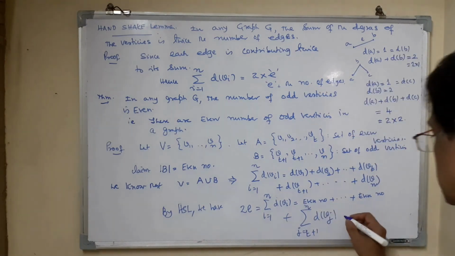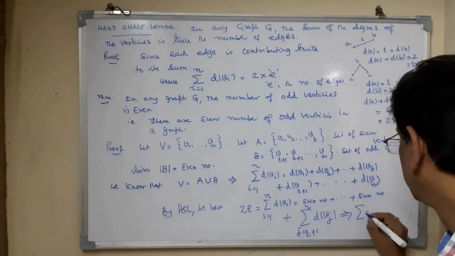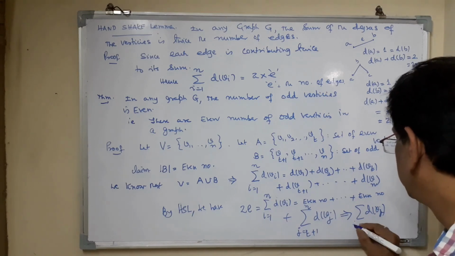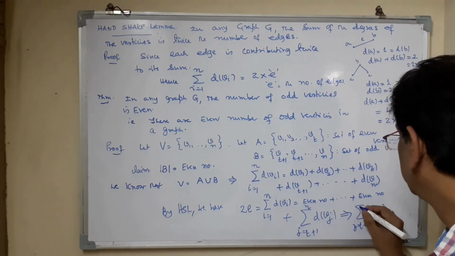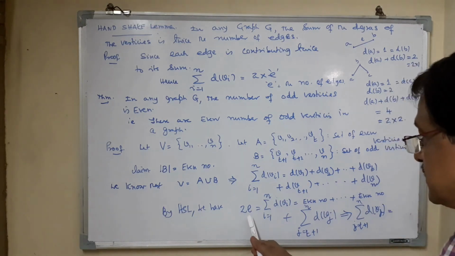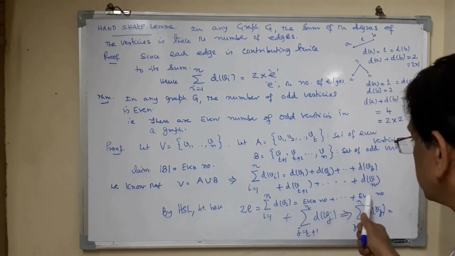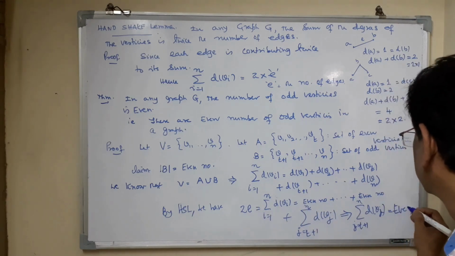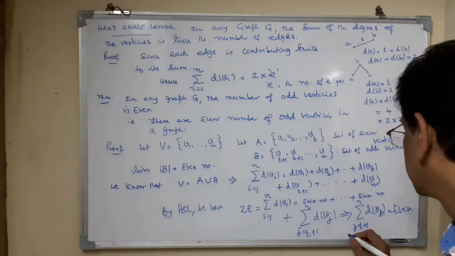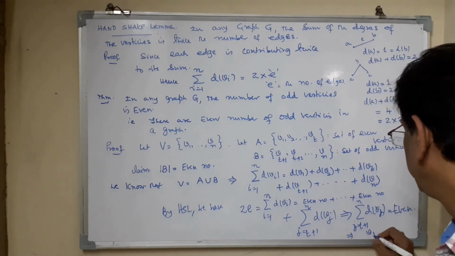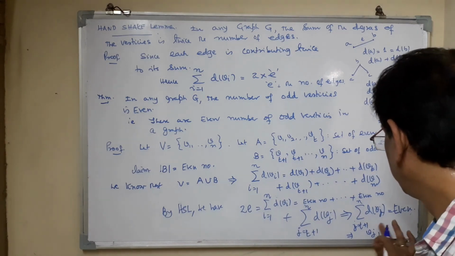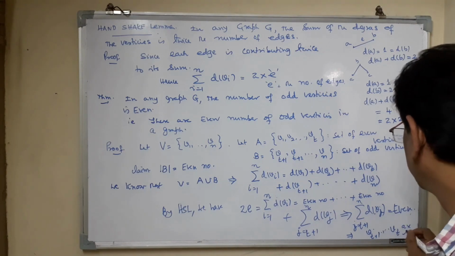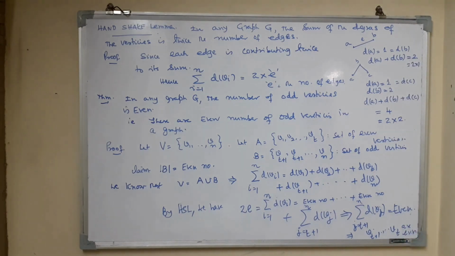Now, this is a simple consequence. The sum of d(vj), j equal to t+1 to n, is even minus even, which is even. So the sum is even, which means the d(vj) are even in number. That's the proof.